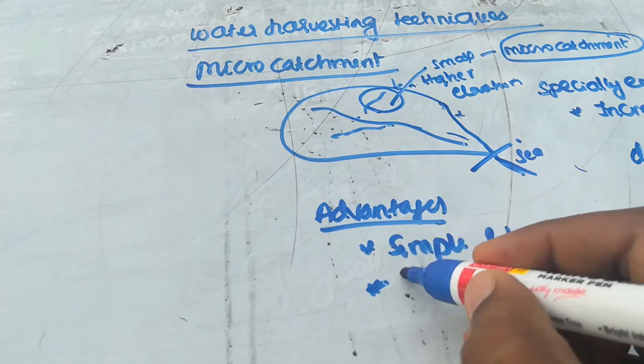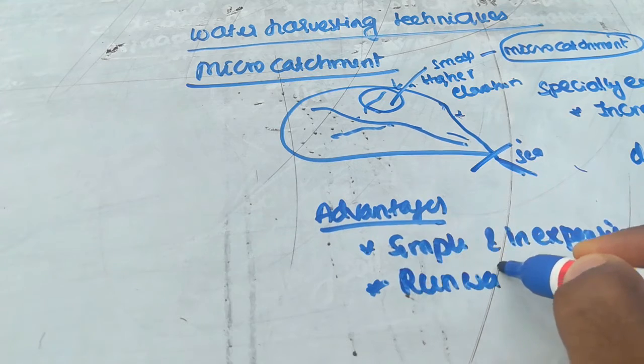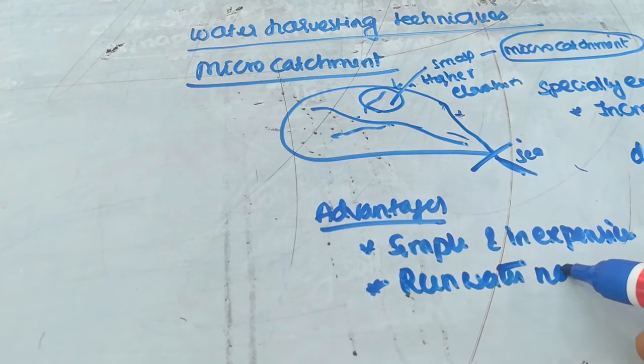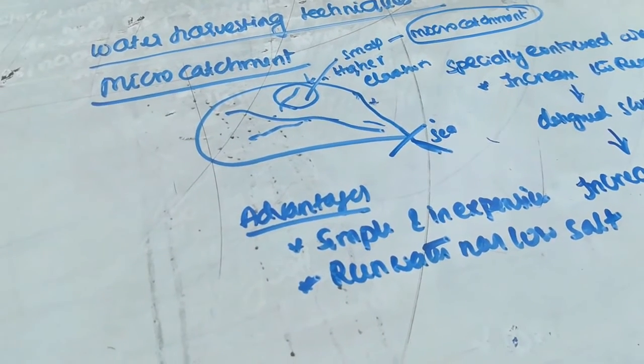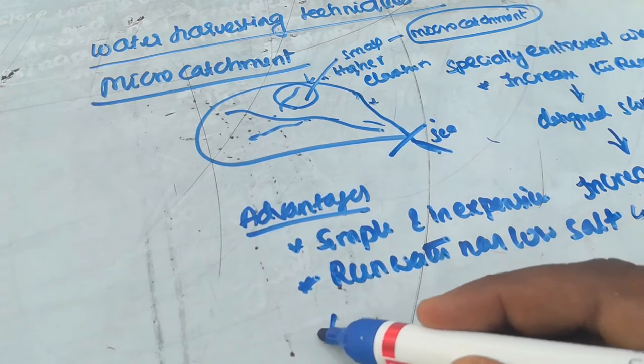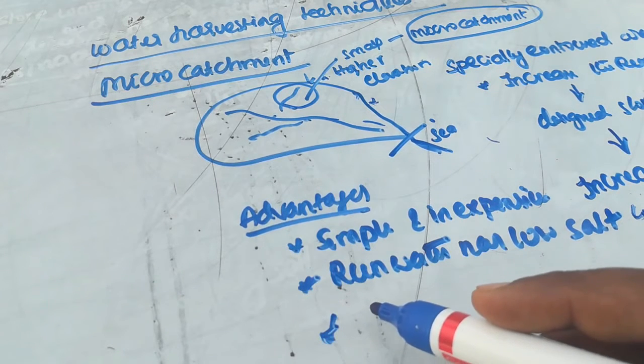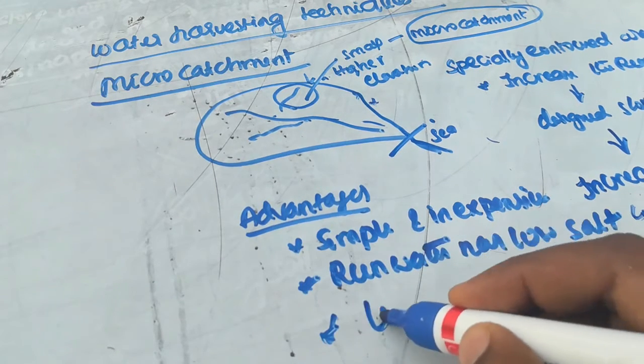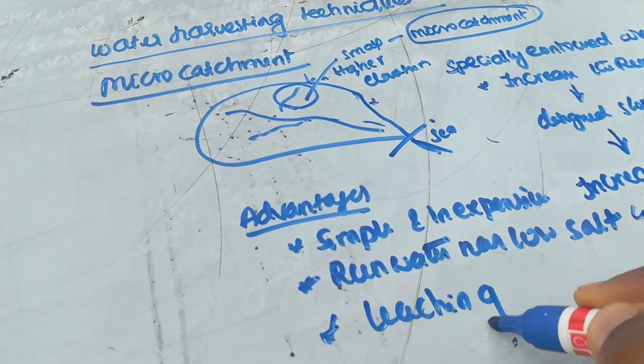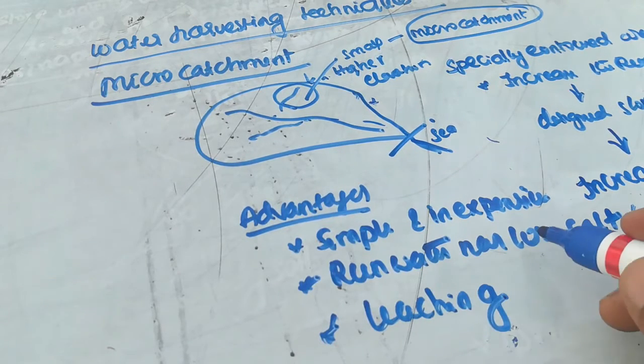Micro catchments also enhance leaching and reduce soil salinity.